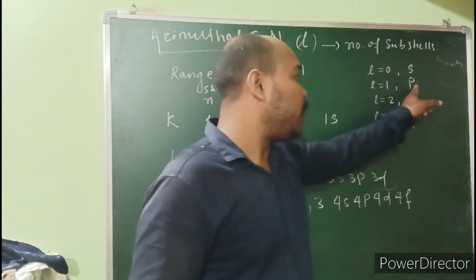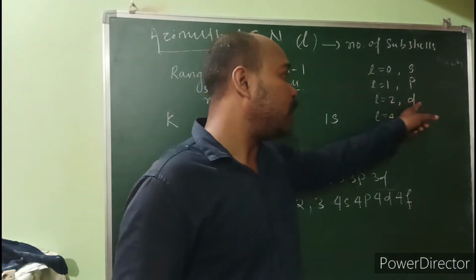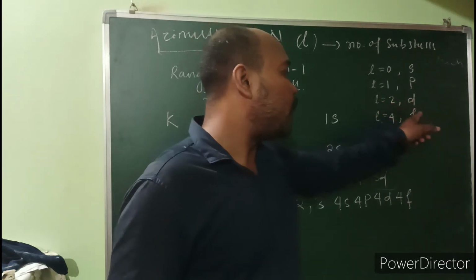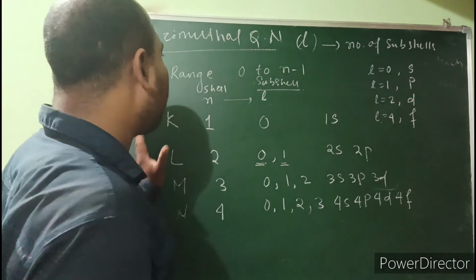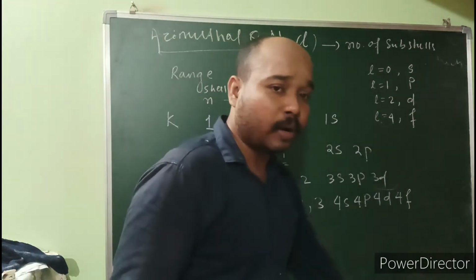For the p subshell, l is 1, for the d subshell, l is 2, for the f subshell, l is 3. That is all about the azimuthal quantum number.